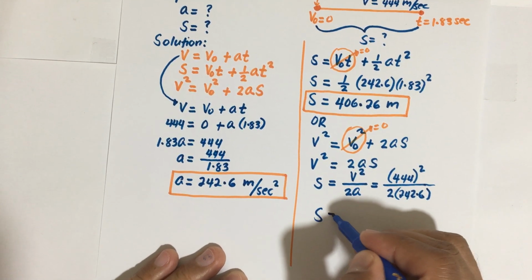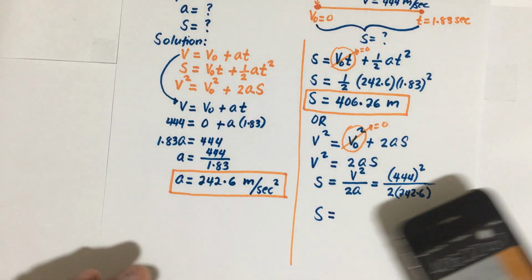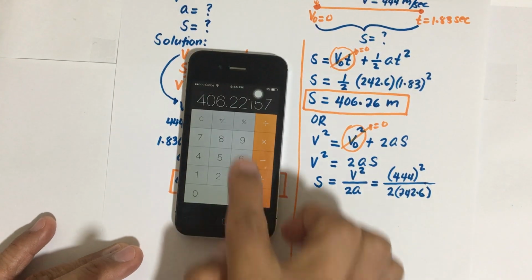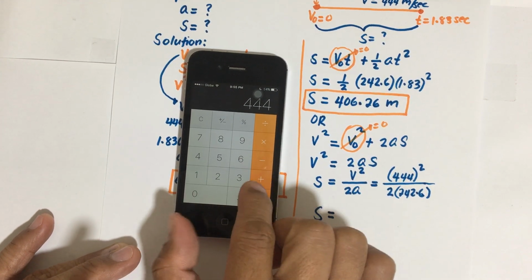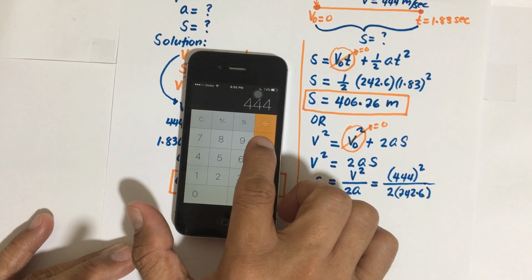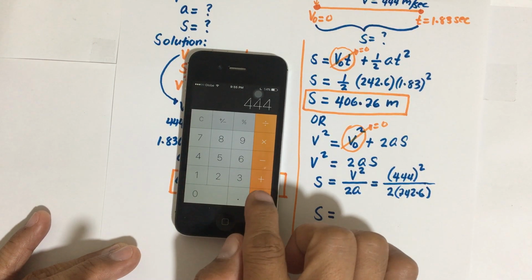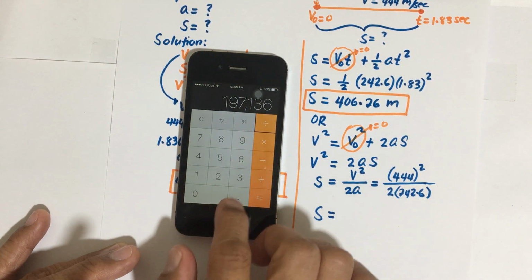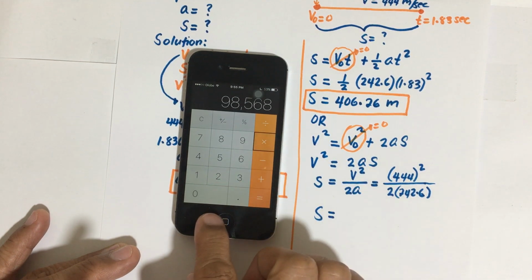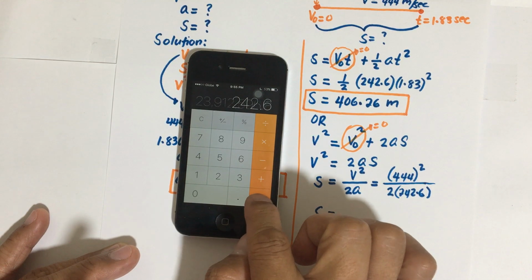So s is equal to 444 squared, just 444 times 444, then divided by 2 times 242.6.